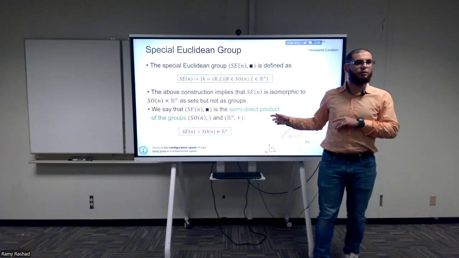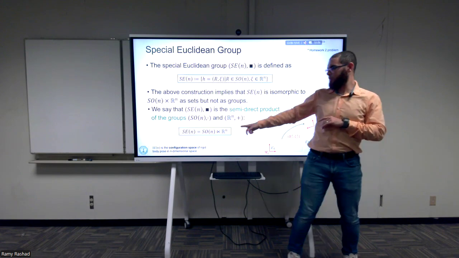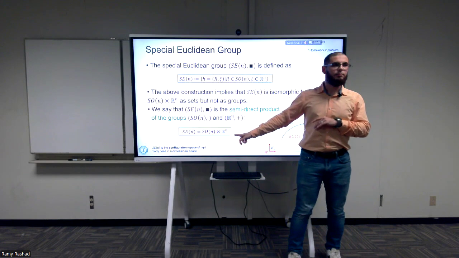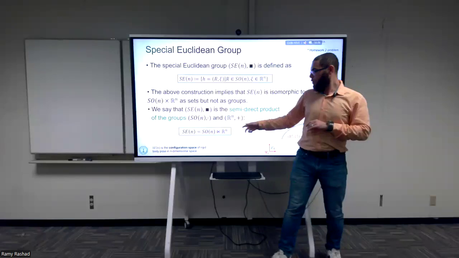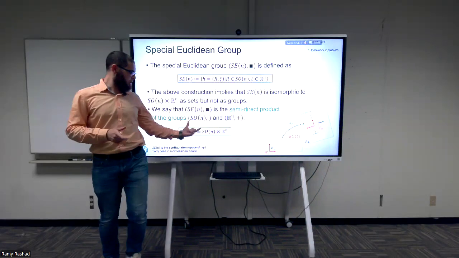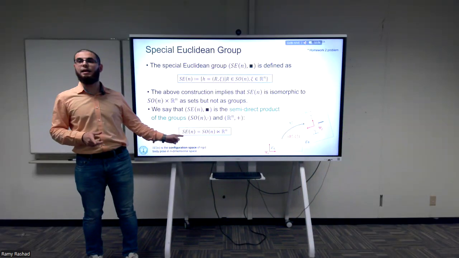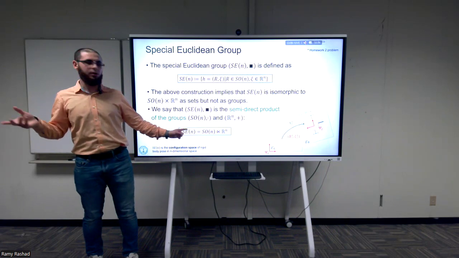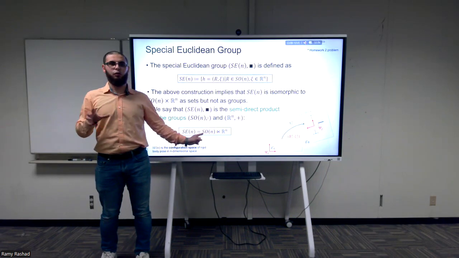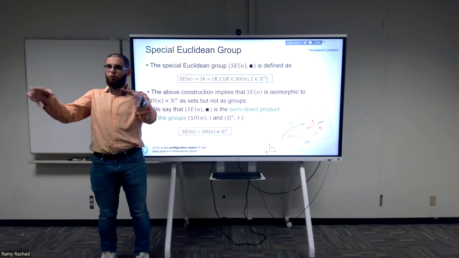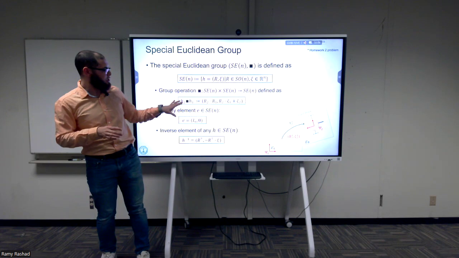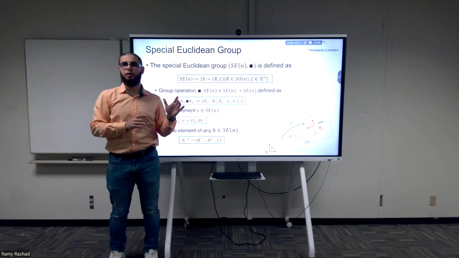Semi-direct product of two groups. Anyone saw this symbol before in the definition of SEN? Okay, so this is something new. What is meant by this notation is simply that SEN is a group made up of two groups, but when we combine these two groups, we don't combine them in a trivial way. We combine them in a way that actually couples them together.